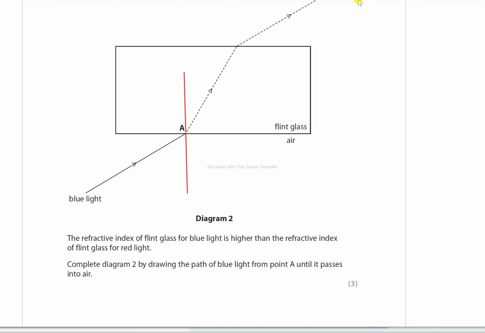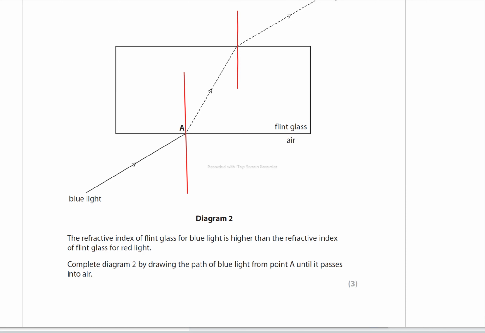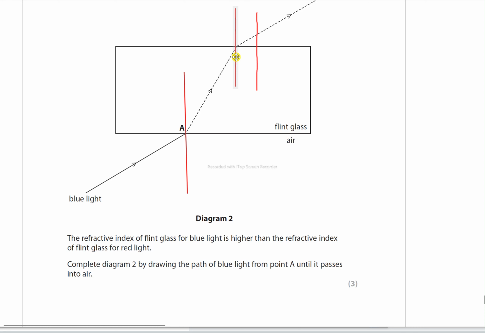Not very clever. Right, listen, I'm wasting time. I've just drawn the two normals.